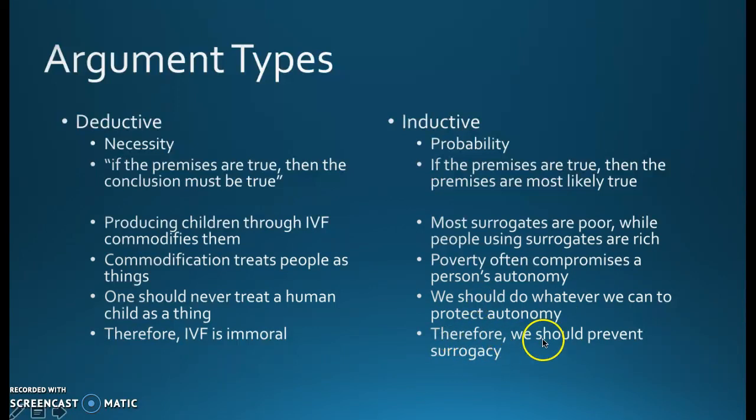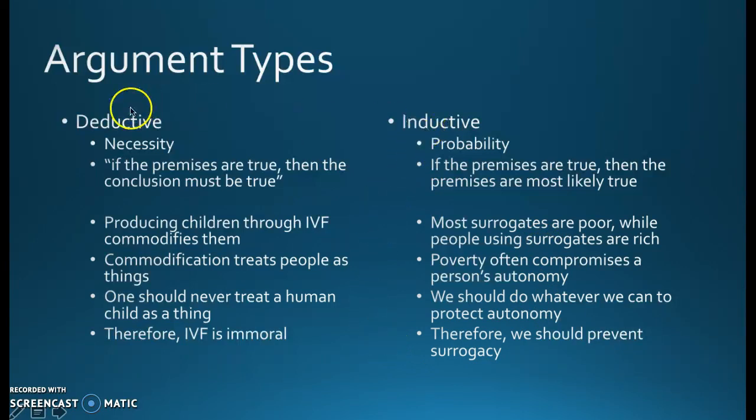And then the conclusion says we should prevent surrogacy. Now this conclusion is stated with the same kind of universality that this claim is made with. But here we see that these have some probability to them. So we might pick at this argument to see how much probability we have. Does most surrogates mean 51% or does it mean 99%?